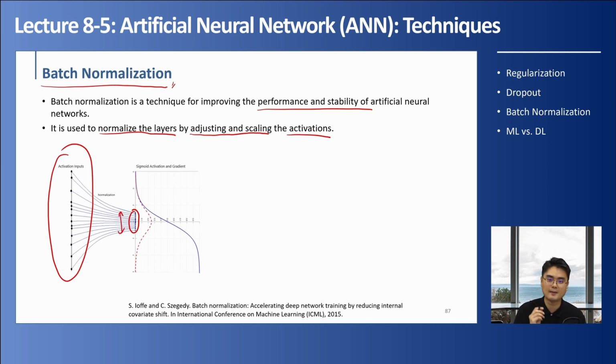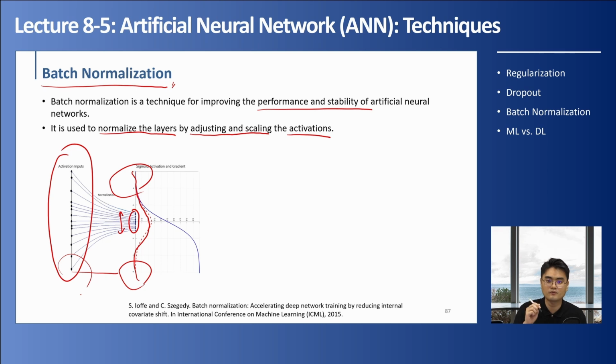What happens if we do this is, for example, if we're using sigmoid activation functions, for the original activation inputs here, these red lines are the gradients of the sigmoids. We're going to have very small gradients at these inputs.